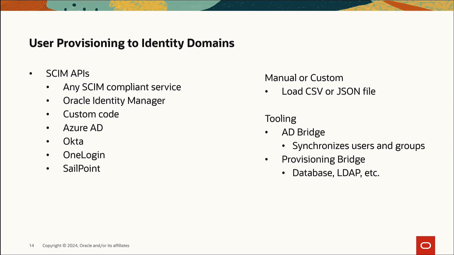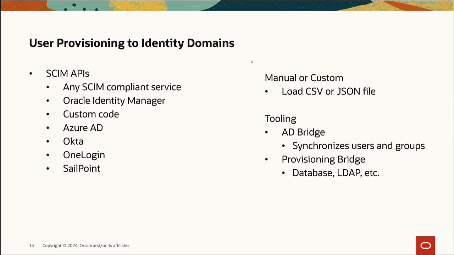So as long as your target IDP or your source IDP is SCIM compliant, I'll be able to connect into it, query users, group memberships, pull users from source A to target A. You'll be able to do all sorts of things and synchronize in both directions, as long as your target and source IDPs are SCIM compliant.